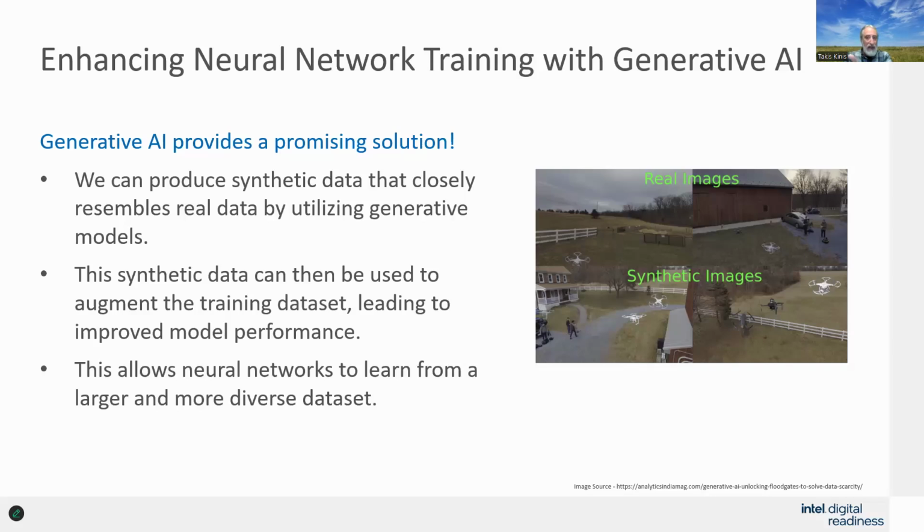So there's real images, and then there's synthetic images, and then we can use the synthetic images to add to the data sets that we have, and therefore improve the model basically because we're giving it more data to train with, even if some of the data is synthetic. This is kind of interesting.